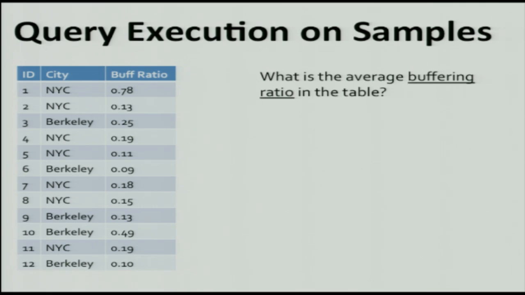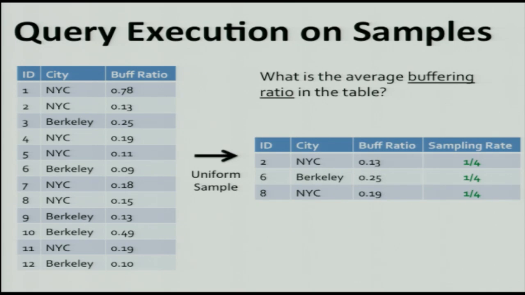What does that mean? Suppose we have a table with customer IDs, their locations, and a metric we are measuring, in this case the buffering ratio. I ask the query: what is the average buffering ratio in this table? A standard database would scan each and every tuple and give an exact answer, which in this case might be 0.2325.